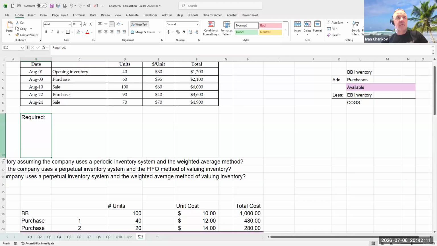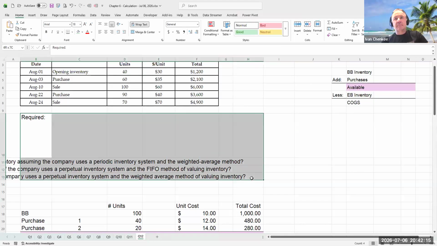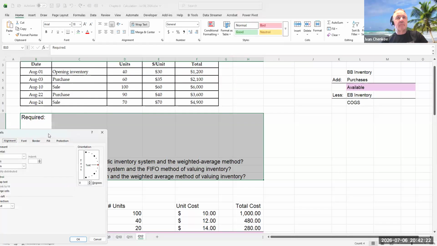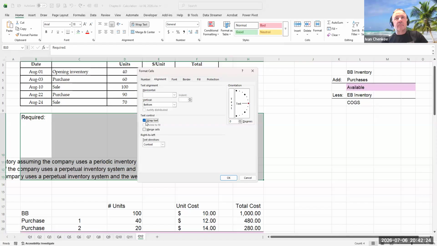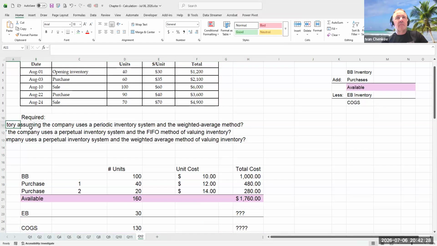Okay, almost there. Somewhere I lost the beginning of the sentences.